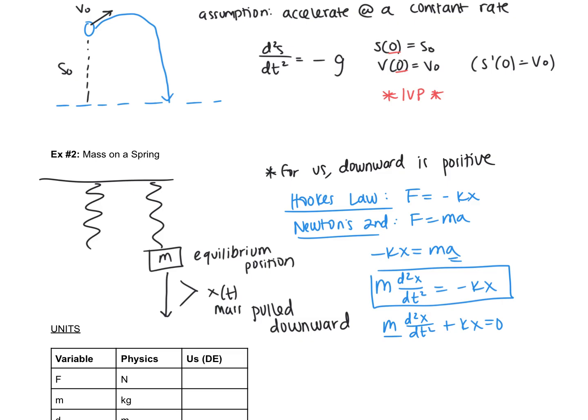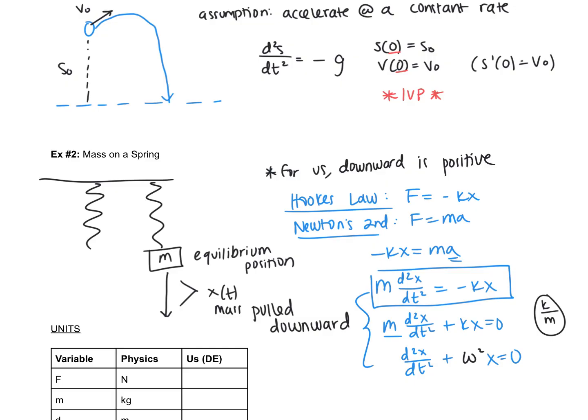So if we divide by m, we're going to get the second derivative of x with respect to t, plus k over m x. That's just a constant, so we're going to write that as omega squared. It's the same as k over m. So all three of these are acceptable.